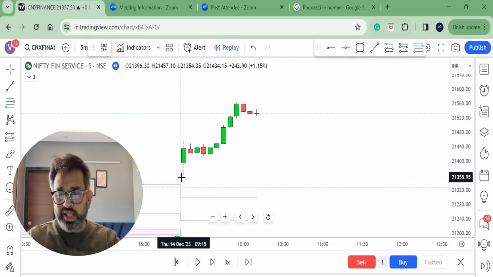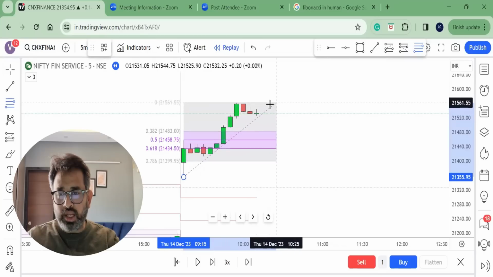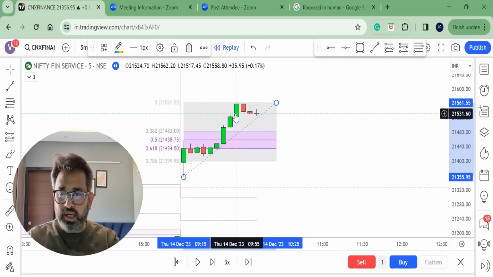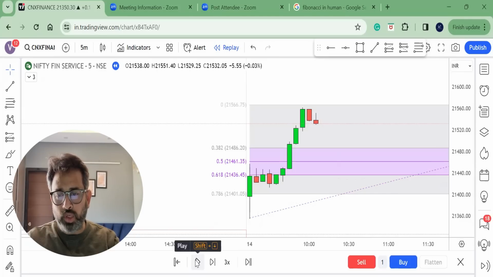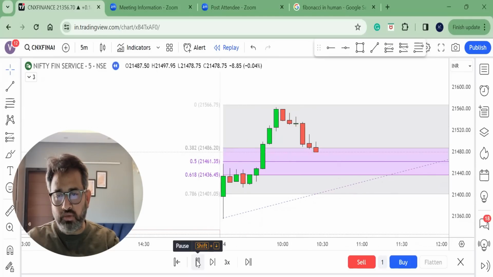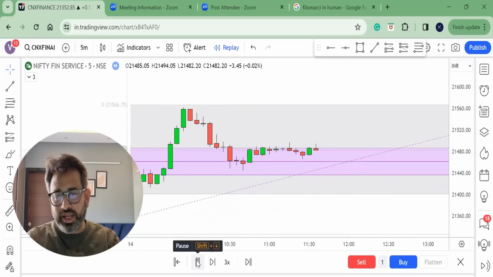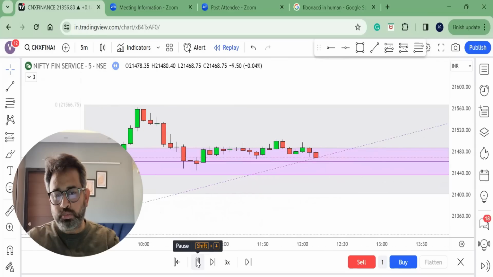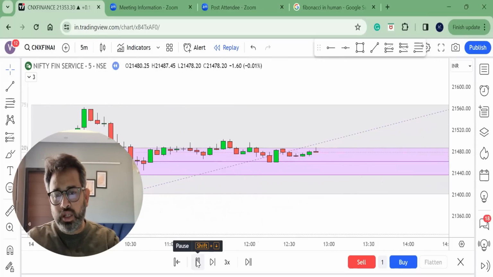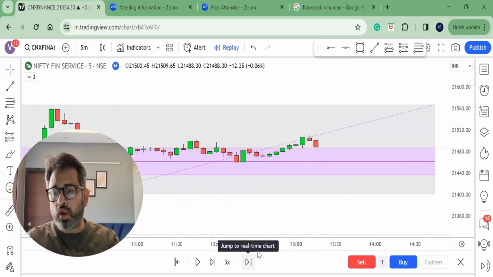One swing is this candle low and the next swing is this candle high, right? Once you have plotted the Fibonacci levels, you wait for price to come to those levels. Once you see bullish price action, you take a long position expecting price to hold that level, so that you can book your profit, right?